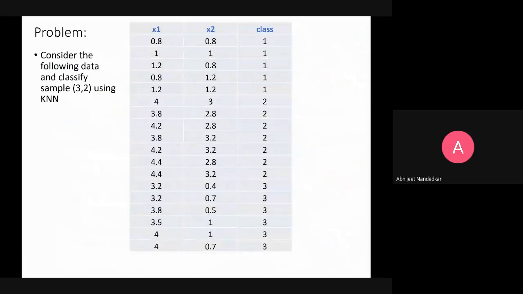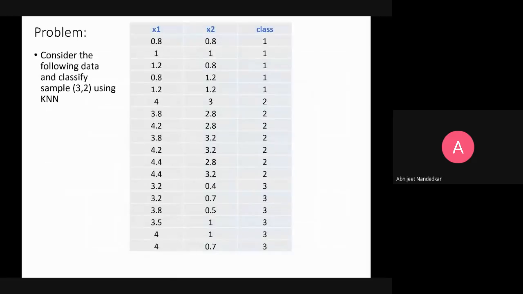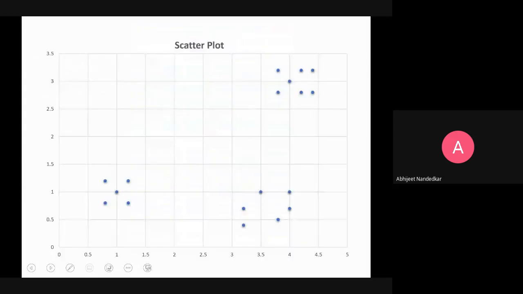Now consider a problem where we are implementing KNN. This is the data given to us, and the question is to classify sample 3 2 using KNN. This is the list you can plot here.